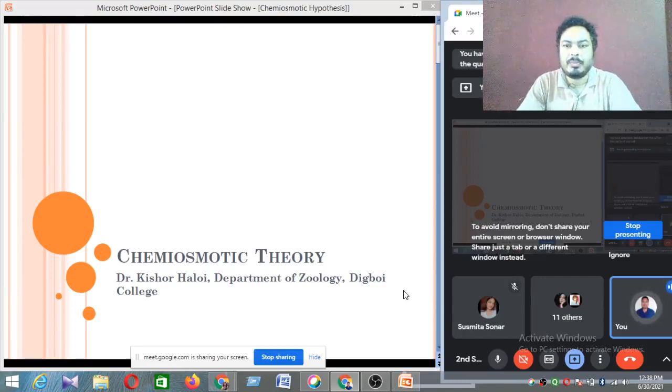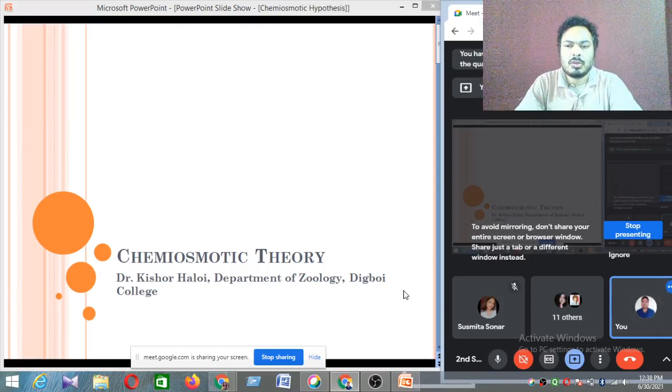Total 5 complexes are there. These electrons move from complex 1 to complex 2, then complex 2 to complex 3, then complex 4, and finally complex 5 is the ATP synthase, where ATP synthesis occurs.